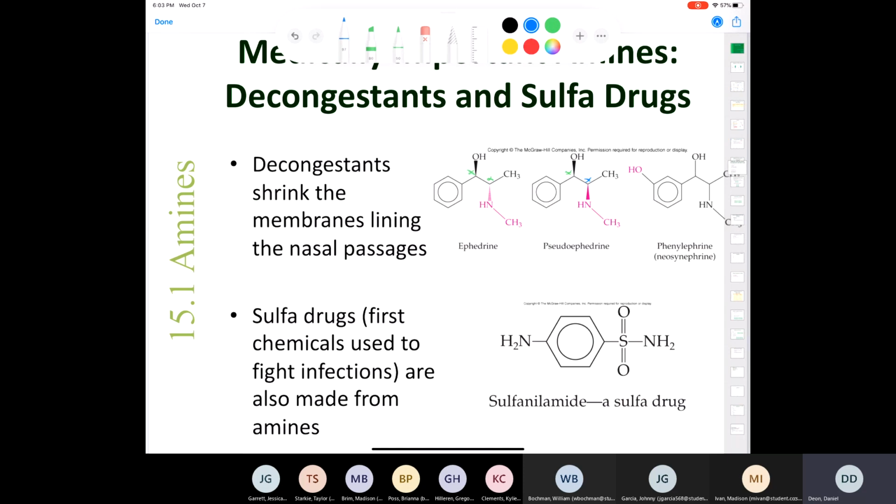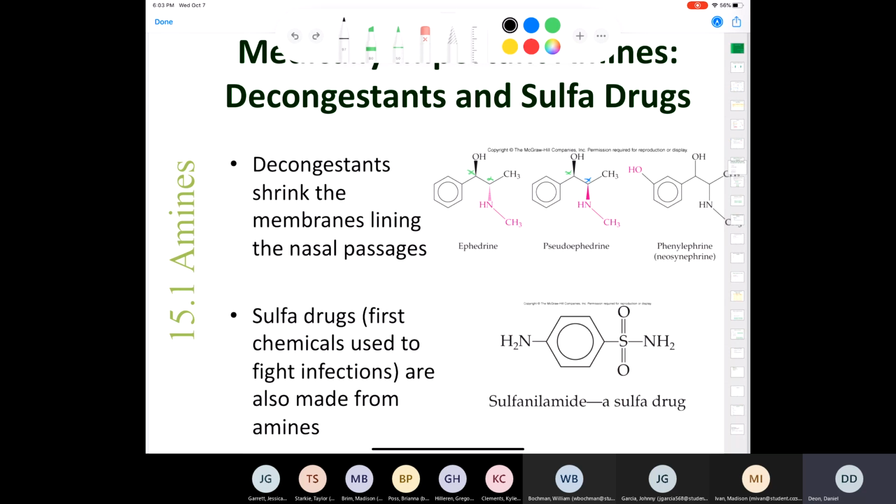You can see how the amino group here is going behind the page, and here it's coming out. Even if you remove the hydroxyl of pseudoephedrine, you don't get crystal meth, because the orientation of this N-methyl group counts.